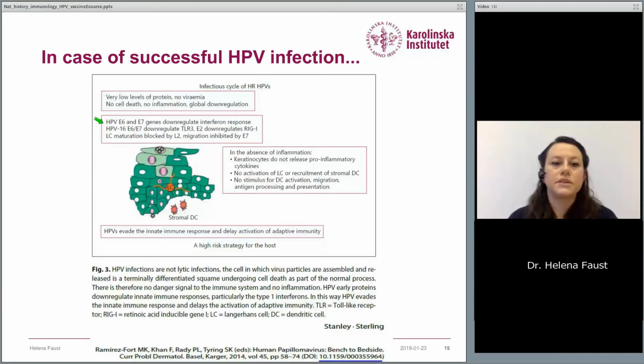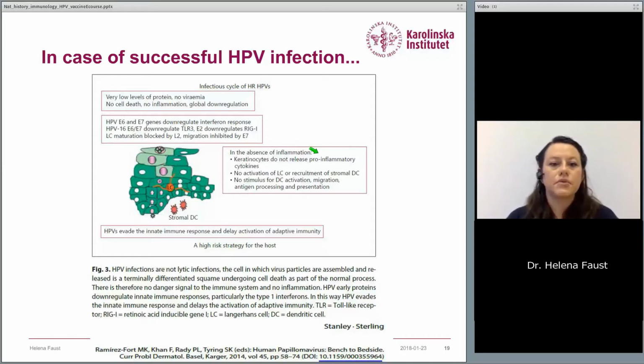HPV proteins E6 and E7 downregulate the interferon response and toll-like receptors, and E2 also regulates some receptors. Langerhans cells, which are antigen-presenting cells, have their maturation blocked by L2, and migration is inhibited by E7.